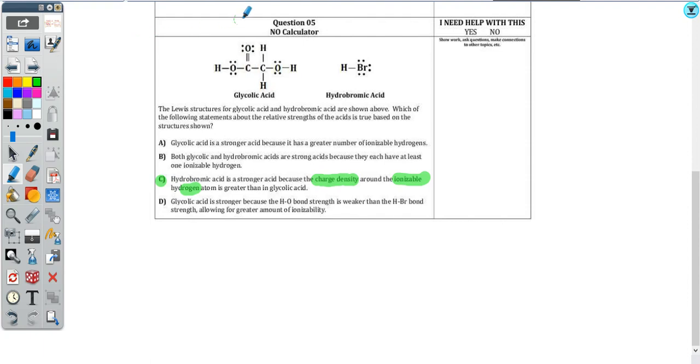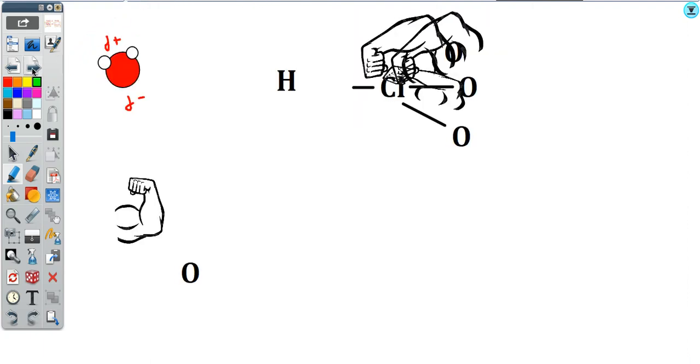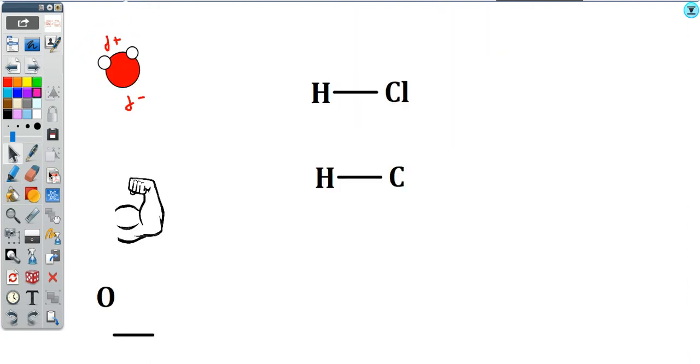So as you think about what's going on with acids, again, remember that they are going to be stronger the more readily they lose their hydrogen. Well, in a bond between hydrogen and chlorine, the electronegativity difference between the two is large enough to create a polar molecule, right? And it creates a charge density.